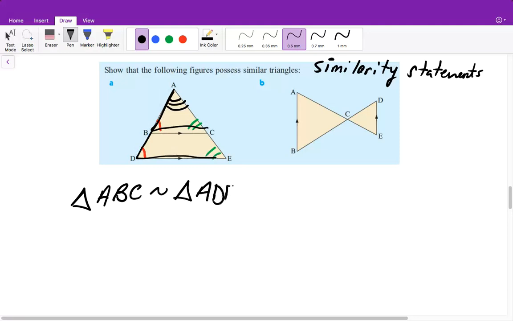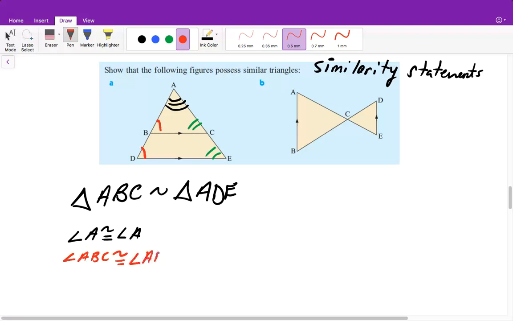Right, triangle ADE. Now, we may ask you to not only write the arc marks, but you might have to show that angle A is congruent to angle A. You might have to show that angle ABC is congruent to angle ADE, and you might also have to show the angle ACB is congruent to angle AED.